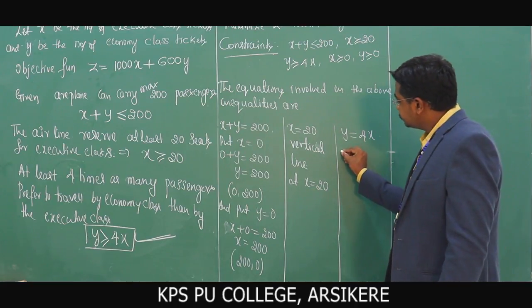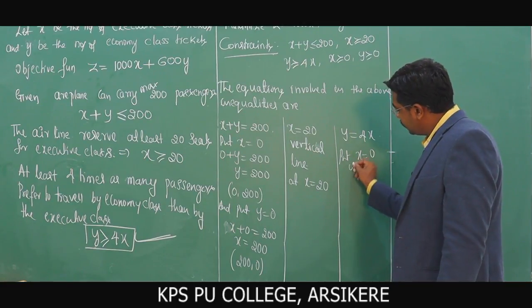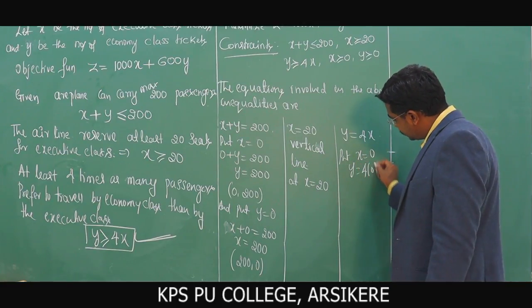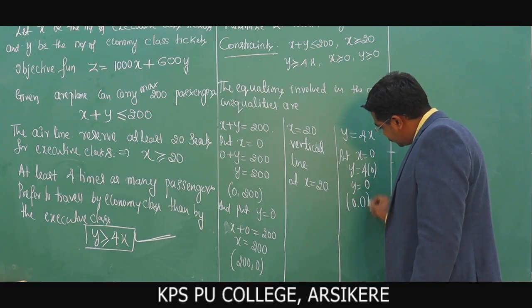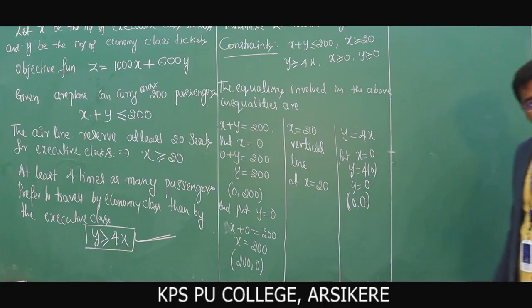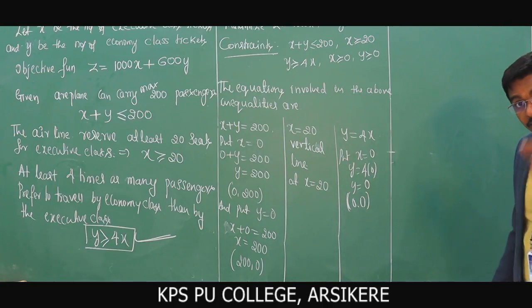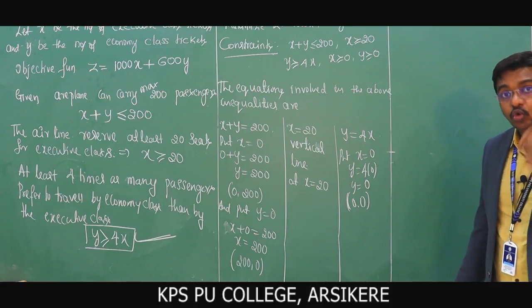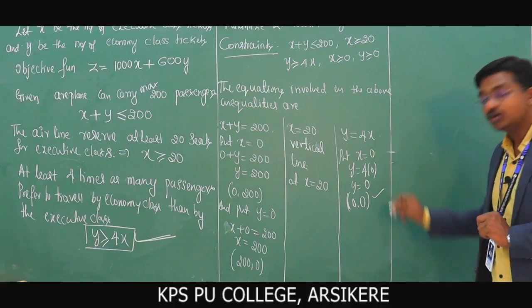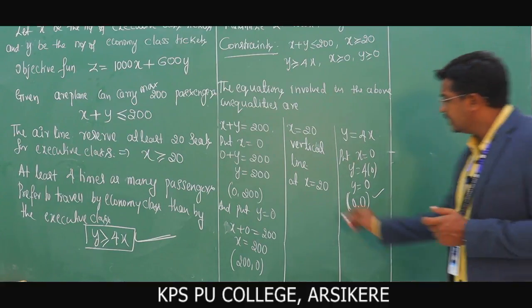Put x is equal to 0. What happens here? Y is equal to 4 into 0, that is y is equal to 0. The corresponding point is 0, 0, which is the origin. To draw the line we require at least 2 points, right? One point is 0, 0. For the second point, substitute any value. You can take x is equal to 10, 20, 30 or 40. I will take x is equal to 20.